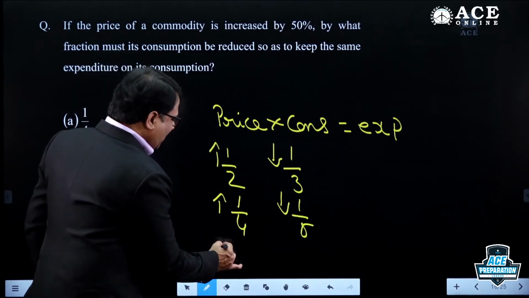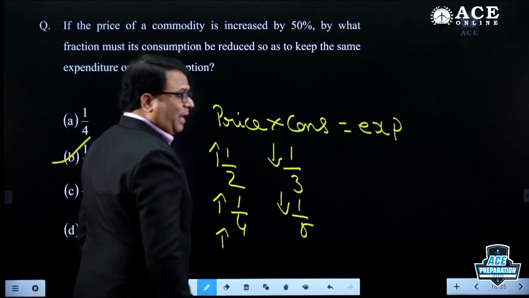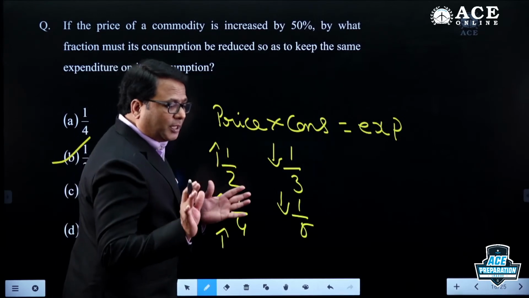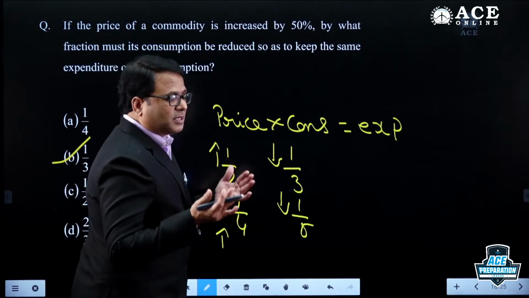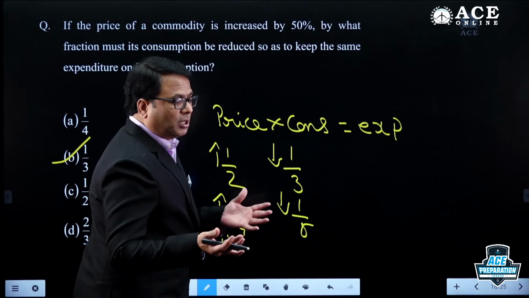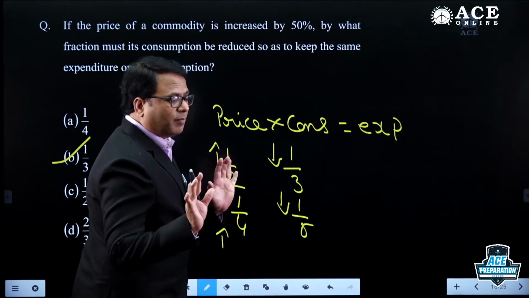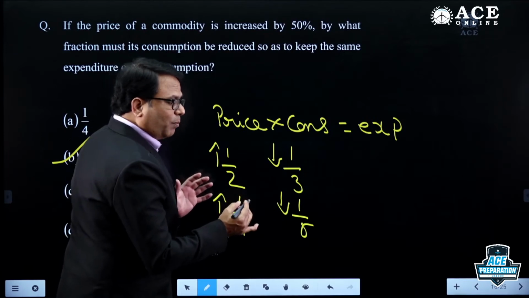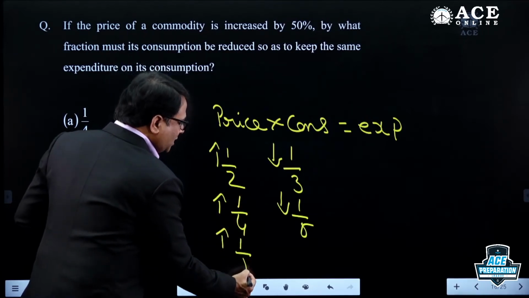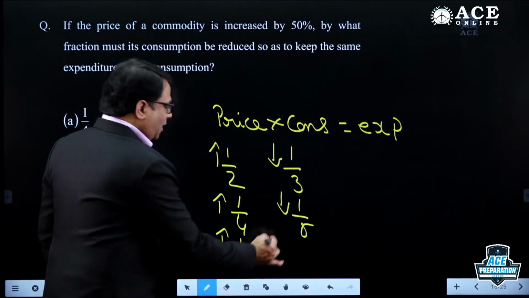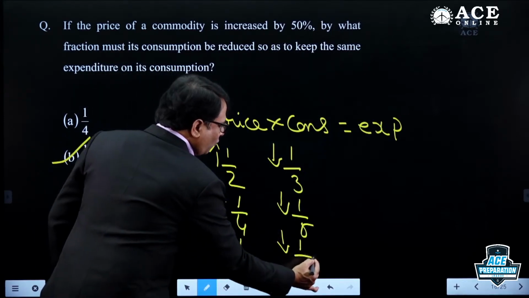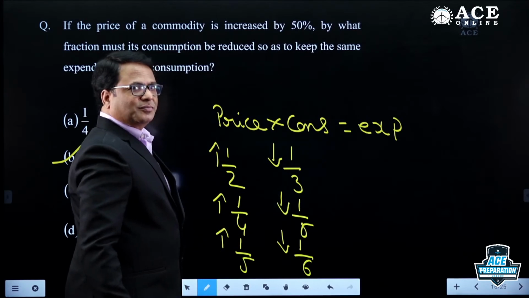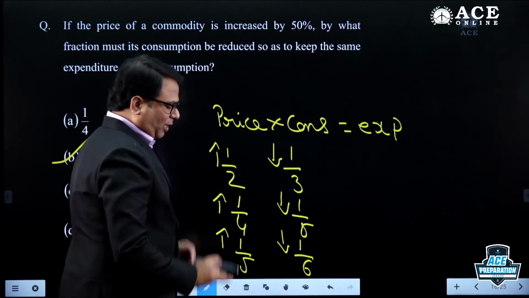Now suppose I say the price is increased by 20%, then by what percent must the consumption be reduced to keep the expenditure the same? Now 20% can be written as 1/5. So price is increasing by 1/5. Then consumption should be reduced by 1/6. 5 plus 1, here you need to take 6. So this is the model here.